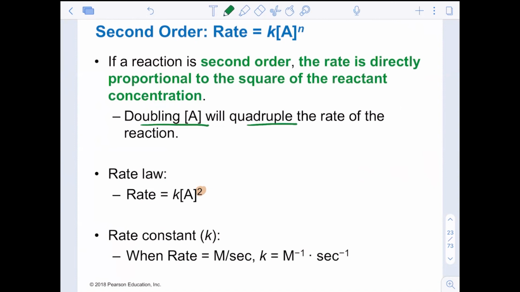Now, again, the rate is molarity per second, so the rate constant would be per molarity per second. Let's look at this: 1 over molarity seconds times molarity squared, right? One of the molarities will cancel and we're left with molarity per second for our units of rate, which we always have to be.